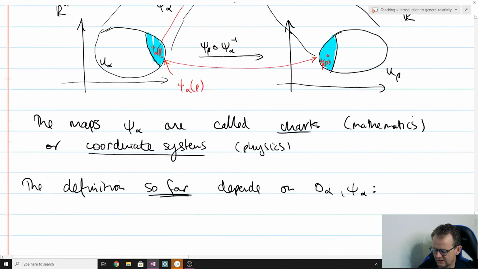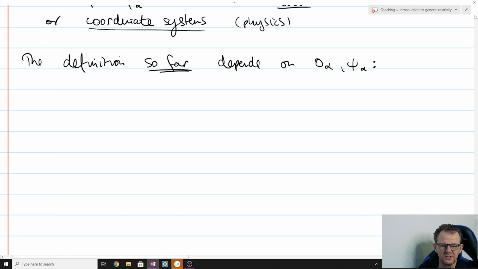However, it's kind of obvious that if we choose them in the same way, or as encoding the same information, we have the same manifold. So we've got to spend a little bit of time talking about this arbitrariness. So the definition so far depends on the choice of O alpha and psi alphas. And what does that mean?